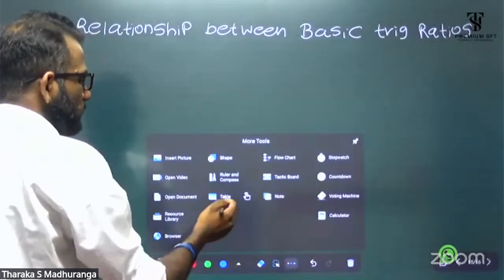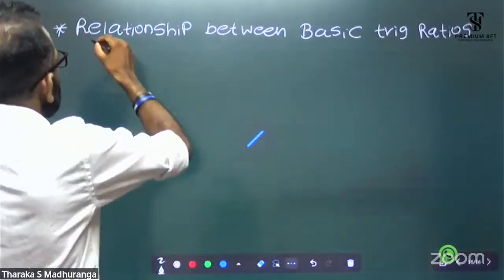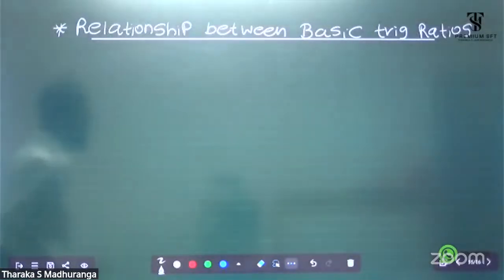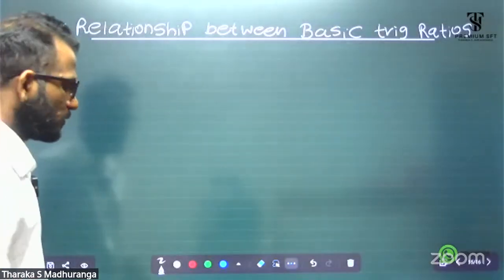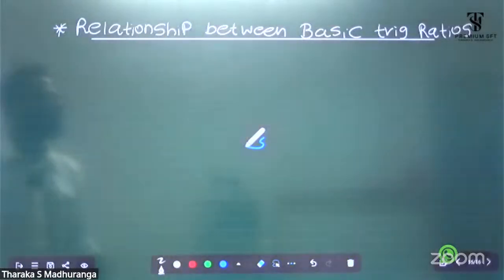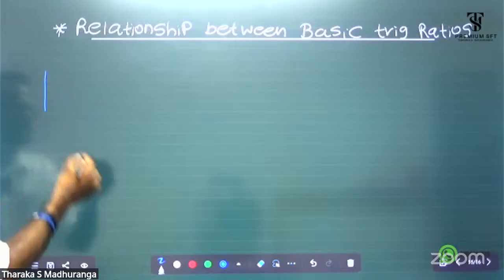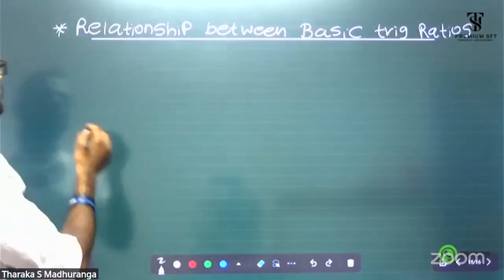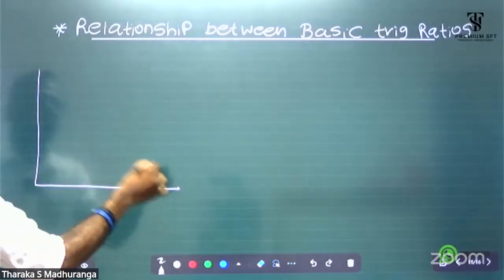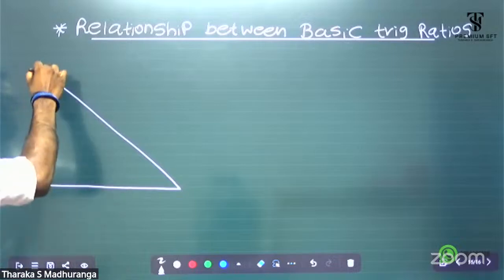Trig ratios mean trigonometric ratios. Relationships between basic trigonometric ratios. Okay, now let's draw a standard triangle.